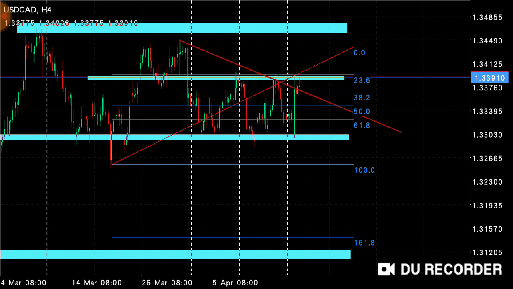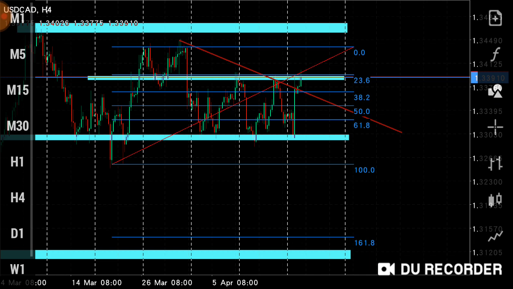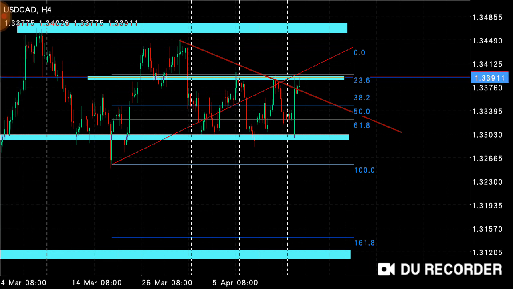Kama una swali lolote au nikurekebishe kwenye when drawing your zones, please nitumie message kwenye group ili niweze kukuelekeza how to perfectly draw your zones, hapo nitakurectify level zako. Remember, use higher time frame kuchora zones and use only lower time frame kuchora zones for scalping. If you want to swing, use higher time frame.